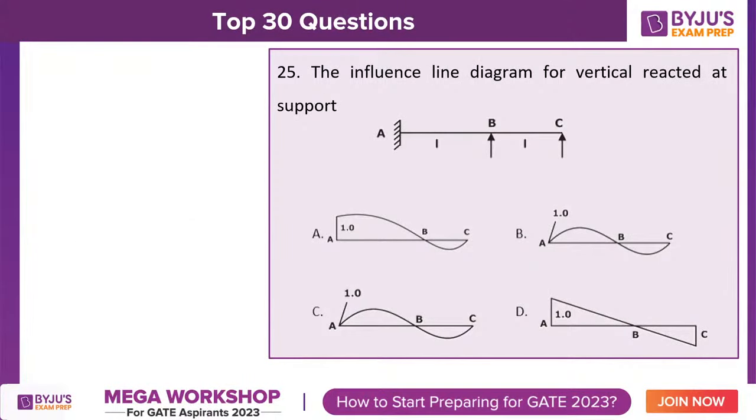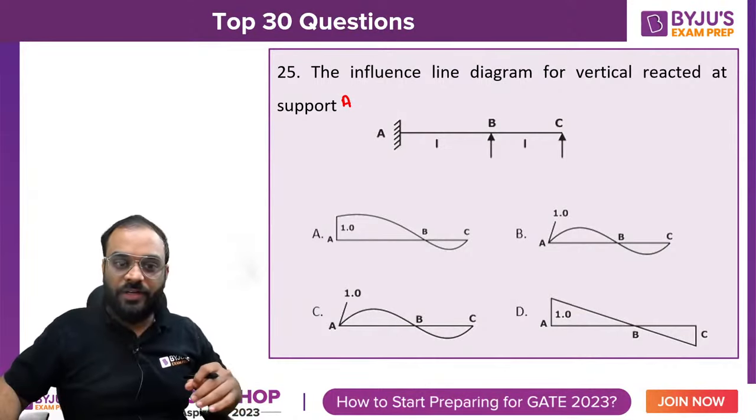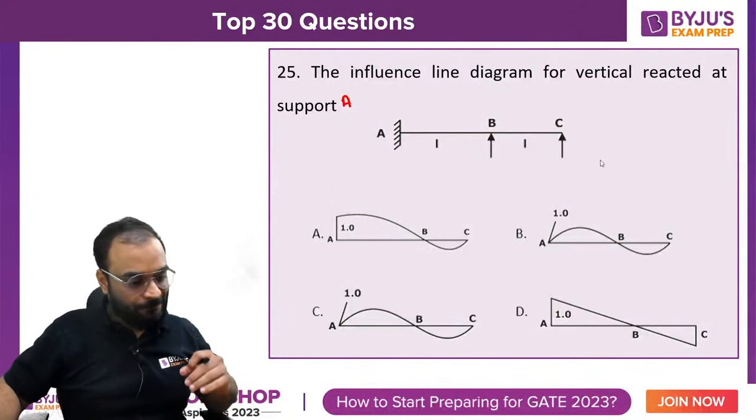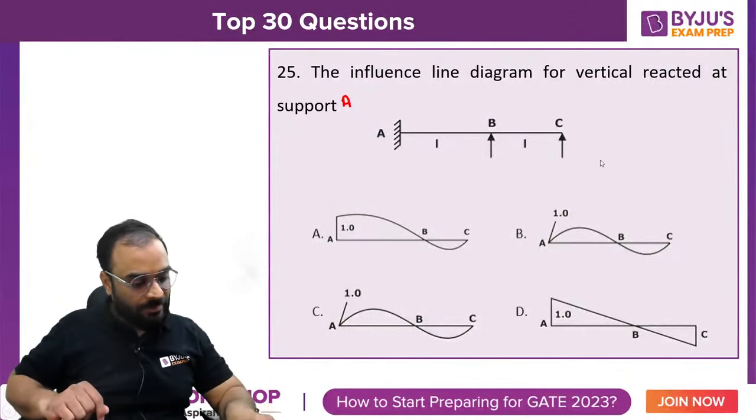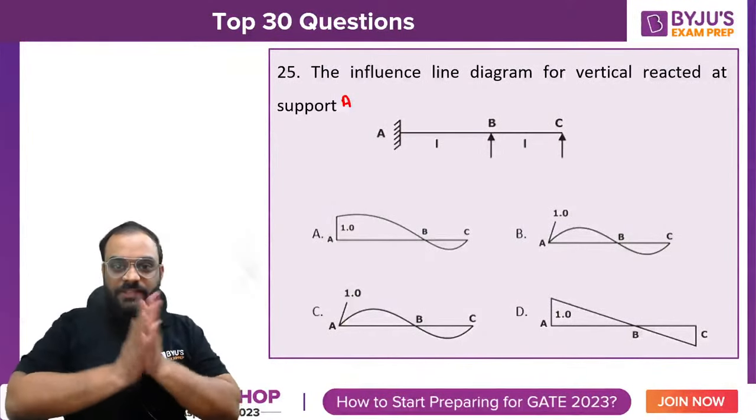We have to draw the ILD for the vertical support reaction at A. Tell me the answer of this one, guys, quickly.